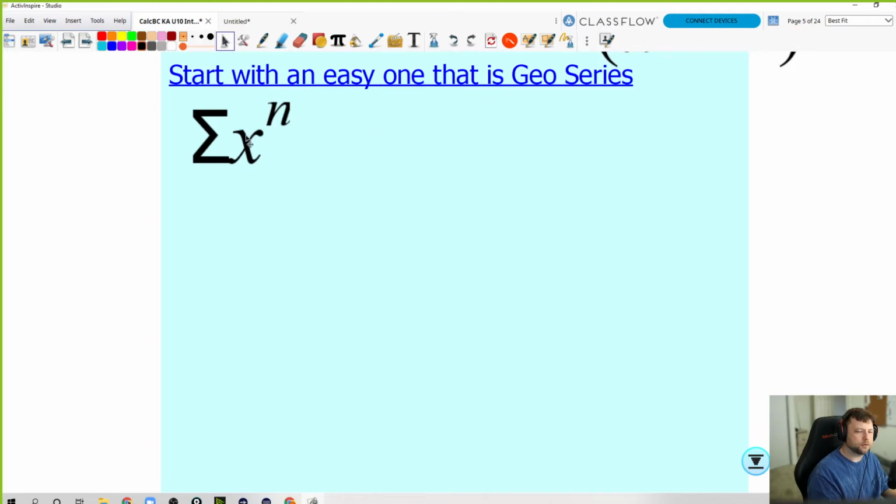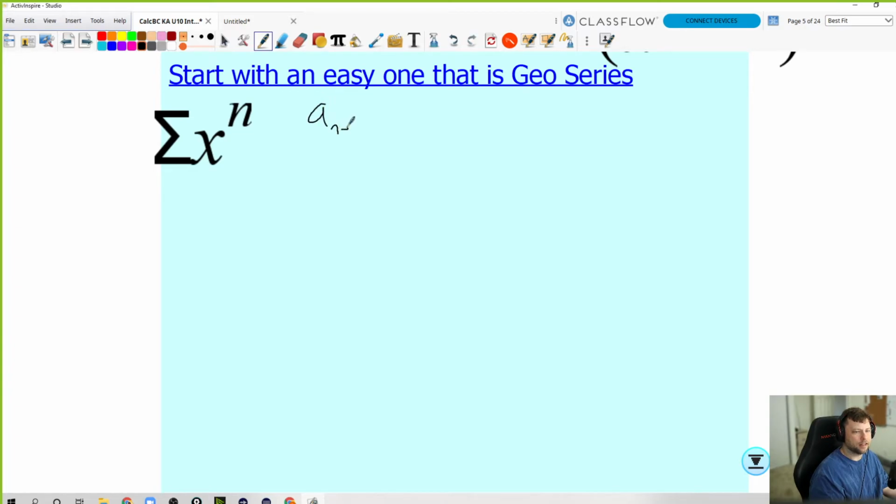So let's take one. What if I asked you this one right here? And I say, this is x to the n power. When does this converge? What if I just had that? And I'd ask you, well, for which x values does this converge? Okay, let's use the ratio test right here.